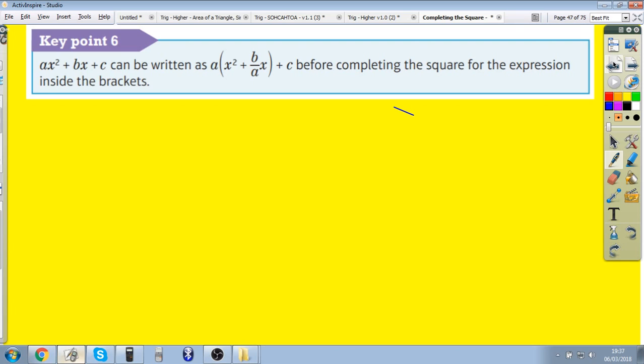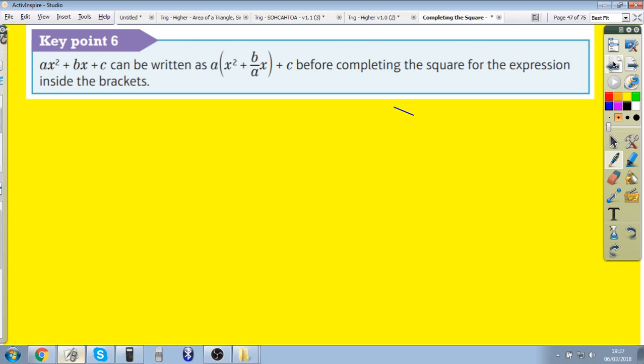So write these in completed square form. 2x squared plus 12x plus 2 equals 2, and then x squared plus 6x in a bracket, plus 2 outside the bracket.